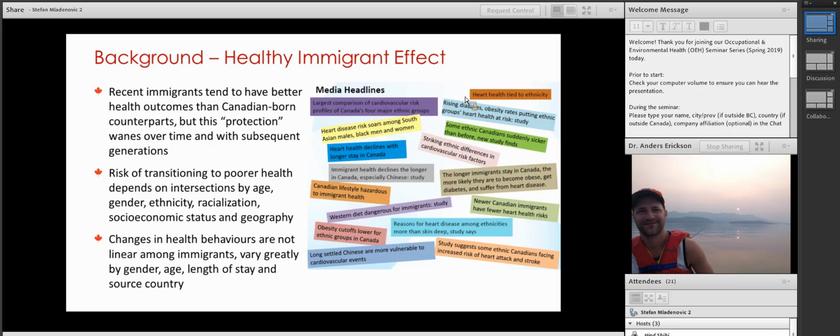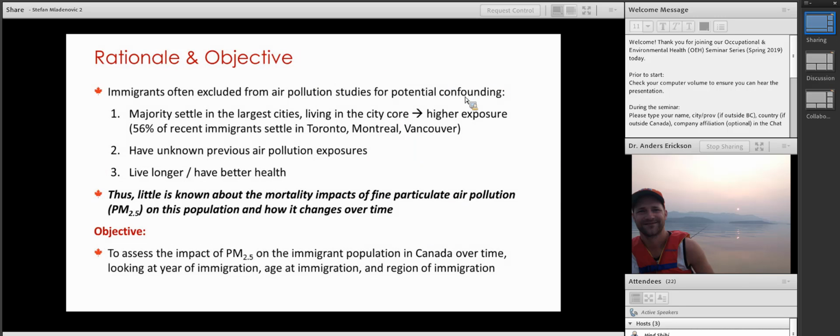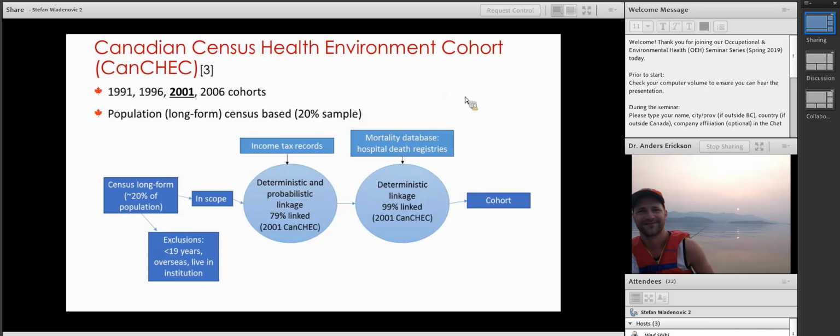That doesn't necessarily seem to be a driver. It's not quite clear what it is. Nevertheless, we do start seeing a convergence of health outcomes with the length of time in Canada. And I had one more point on this.